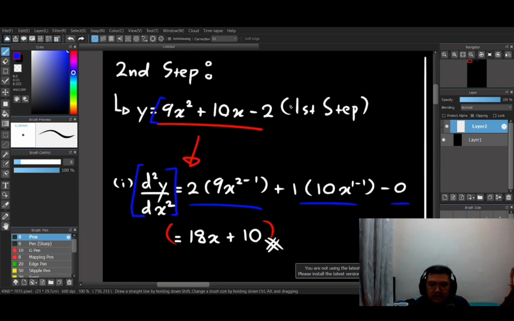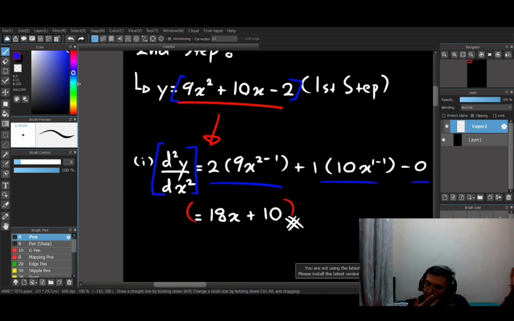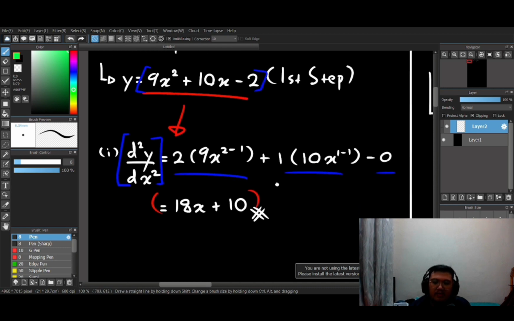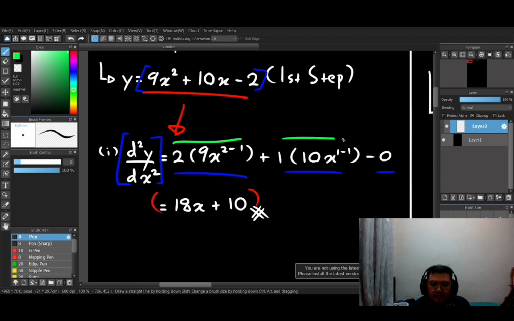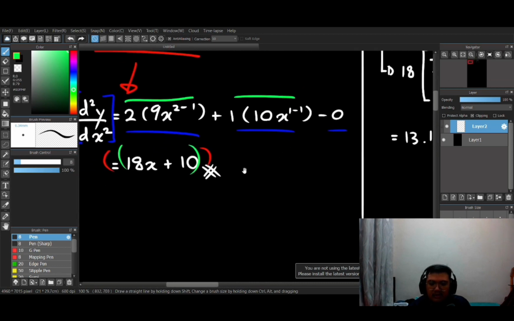All of them are composite rules, so we're going to use the composite rule to simplify them. After we simplify all of them, we're going to get that equation, and we're going to use it here.